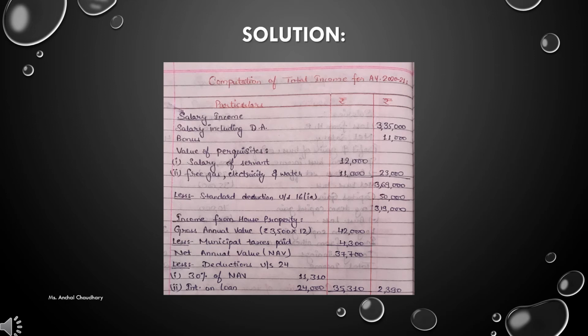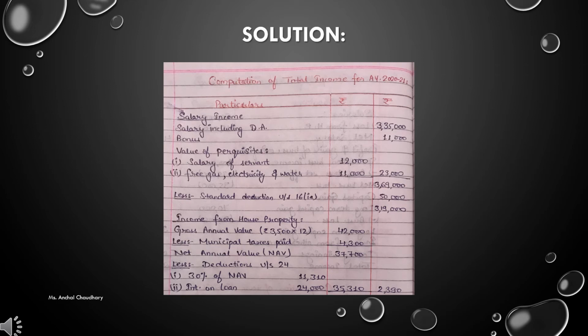So here we have to deduct two things. If you remember, students, we have discussed earlier that whenever you are computing your income from house property, there are certain deductions as well, like deduction of 30% of NAV, that is rupees 11,310. It's a kind of standard deduction again.